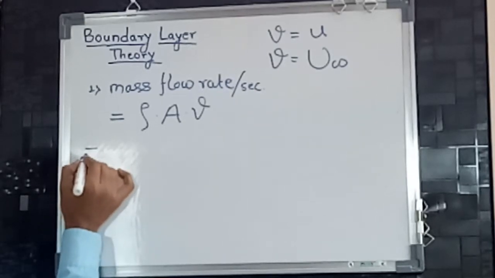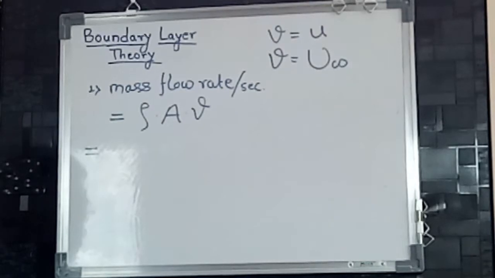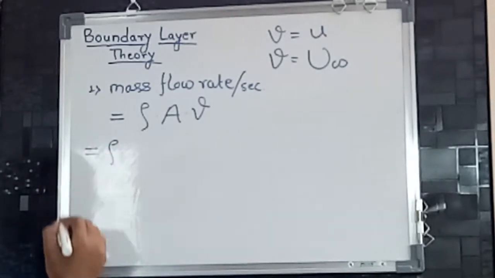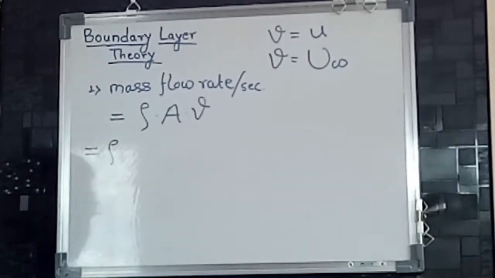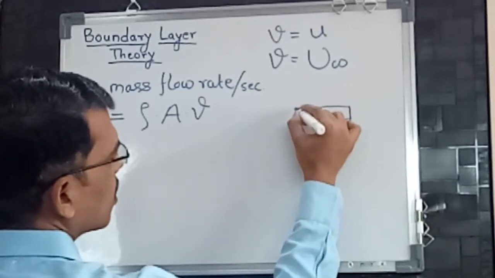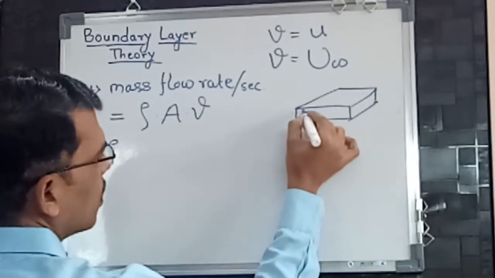First we will calculate this infinity, isn't it? We are not considering the plate. Whatever the normal flow is in a river or canal or anything, that we'll consider. So here rho into area. What is that area? We consider the element.